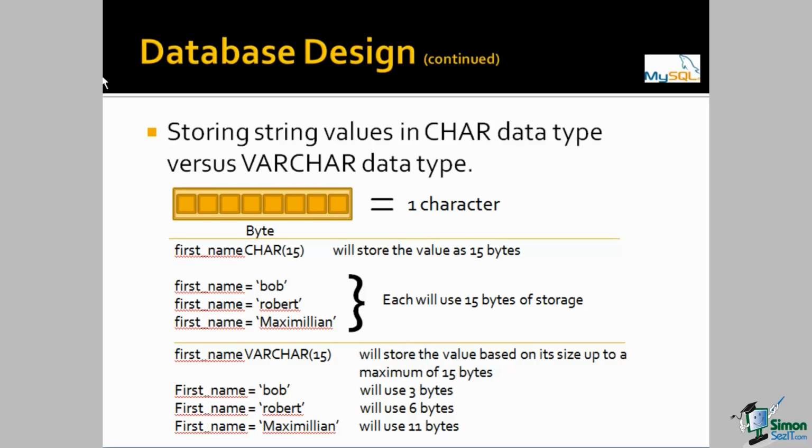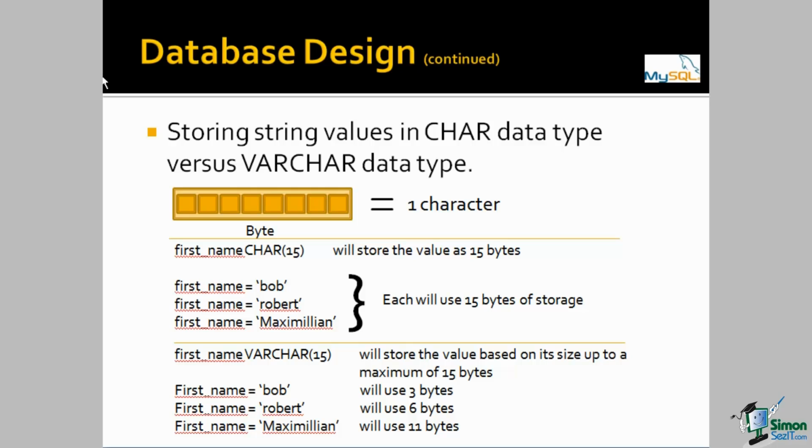In contrast, the varchar can be defined with a maximum length. However, it adjusts its storage utilization based on the size of the string that's stored within that varchar type. So in our example, the string Bob, B-O-B, would only use 3 bytes of storage for those 3 characters.